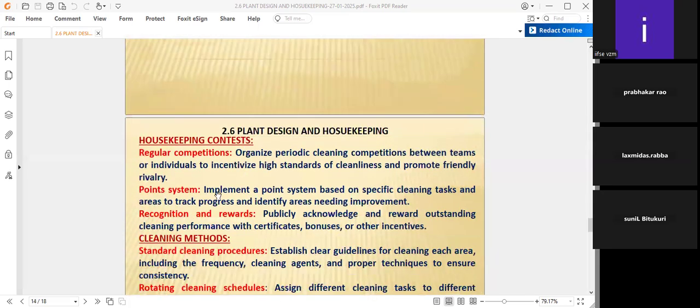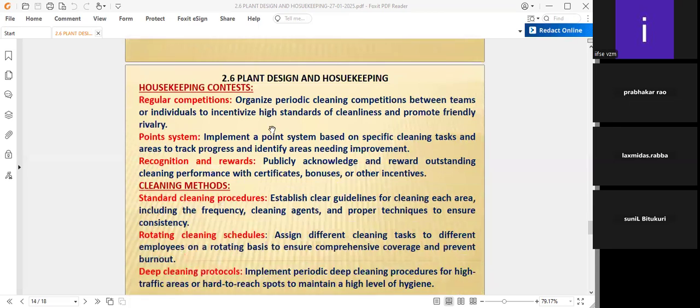And what are housekeeping contests? Organize periodical cleaning competitions between the teams or individuals, incentivize high standards of cleanliness and promote a friendly rivalry.